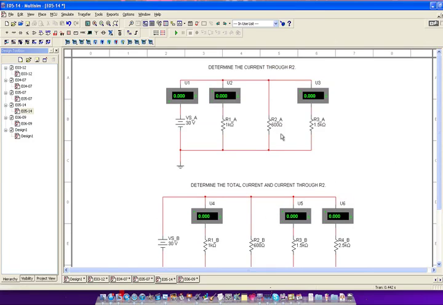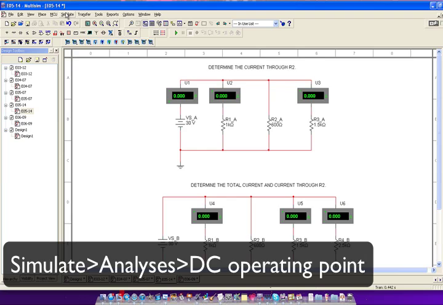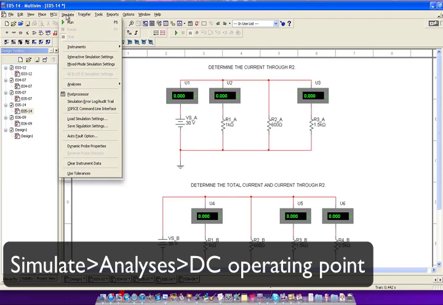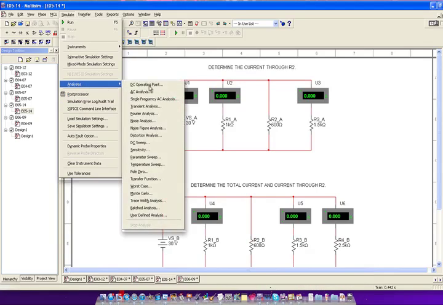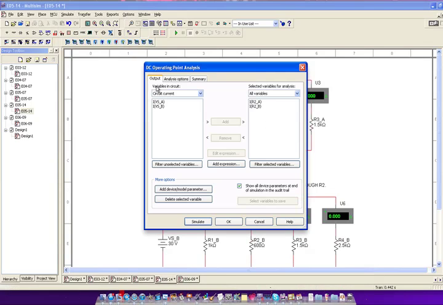For R2A, we want to verify that it is equal to I2 in example 5.14 on page 188. So let's use something different this time. It's called the analysis for the DC operating point. We can get the window for this analysis from Simulate, then Analyses, DC operating point.